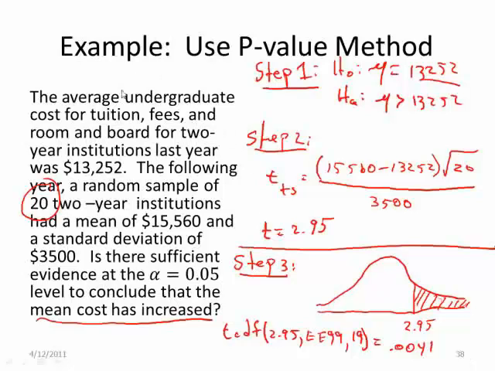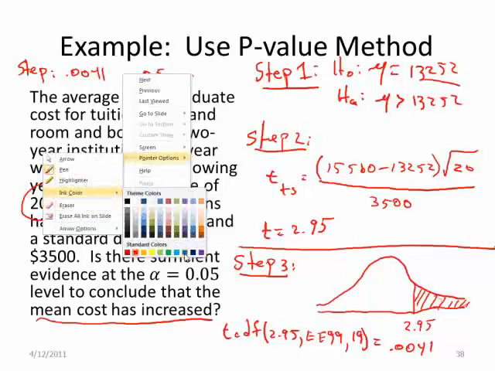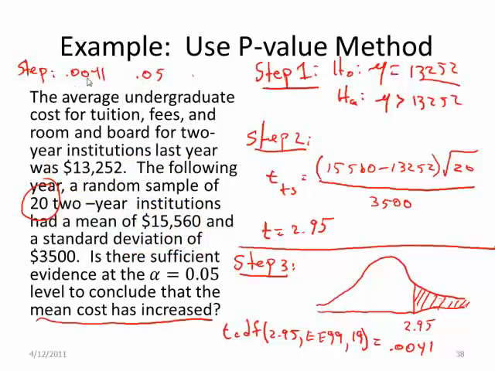So step number 4 is we have to compare the p-value of 0.0041 to the alpha level of 0.05. Well, is 0.0041 less than, greater than, or equal to 0.05? Less than.